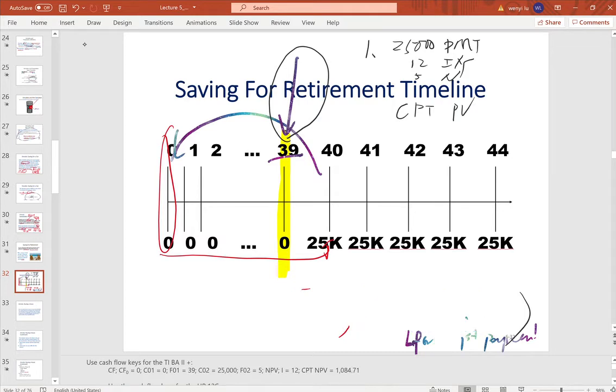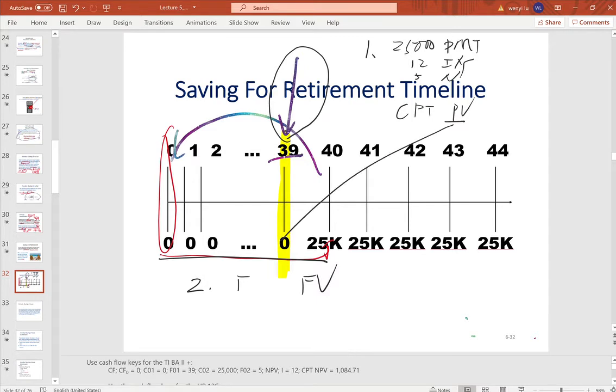Let's see the second step. That's our discounting process from 39 to time 0. Our future value is what you solved here. You put that in as the future value. Then our discount rate will still be 12%, and this cash flow goes directly to time 0.